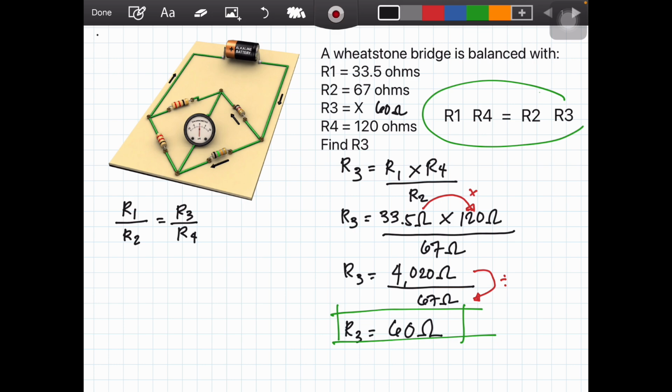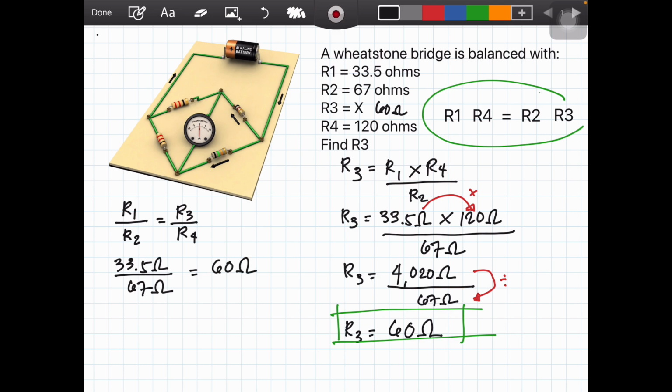Okay? So, R1 is 33.5 ohms. Over R2, we have 67 ohms. Correct? R3, we have 60 ohms. Yung kanina, ayun.